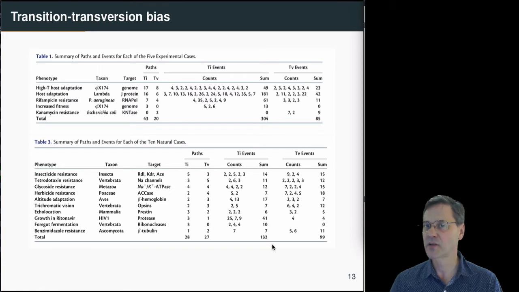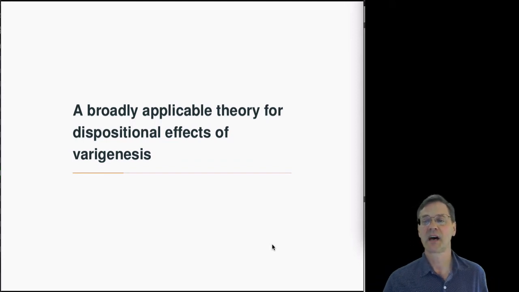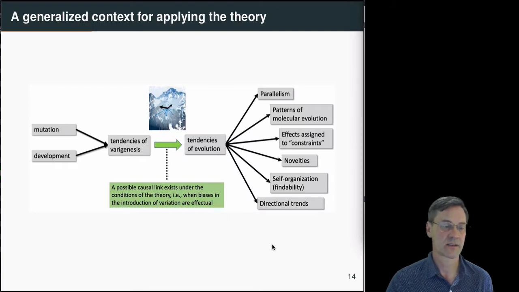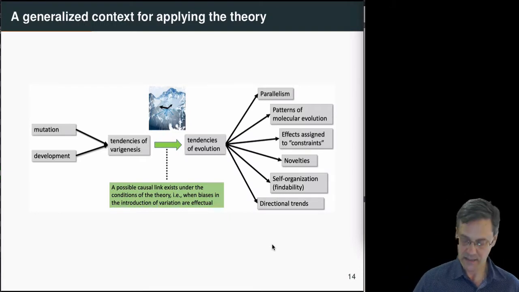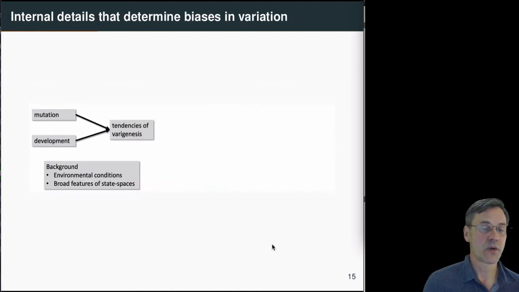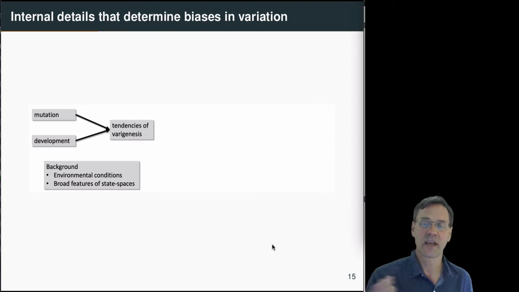It may not sound very glamorous. I'll explain later why I think it's important. So secondly, we have a useful theory to apply to understanding evolutionary patterns that might have internal variational causes. So here's a kind of general framework for thinking about that. On the left here, we have the mutational and developmental causes of tendencies of variation.